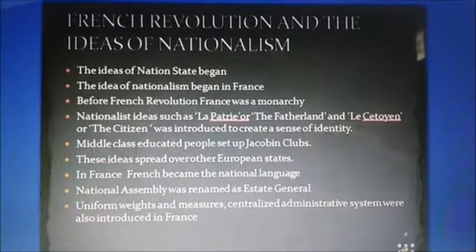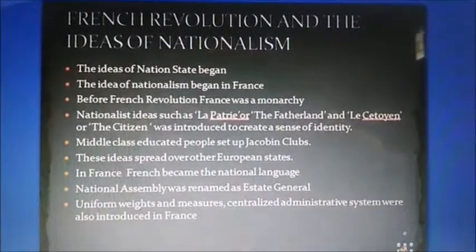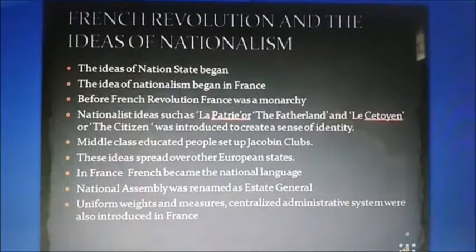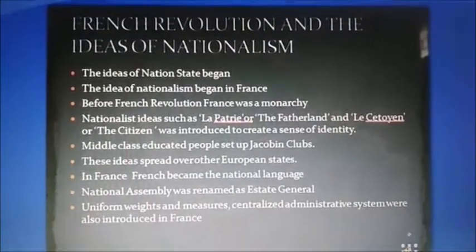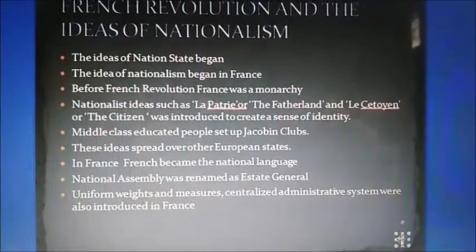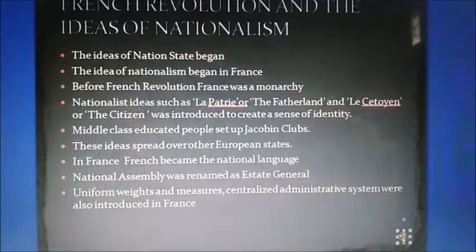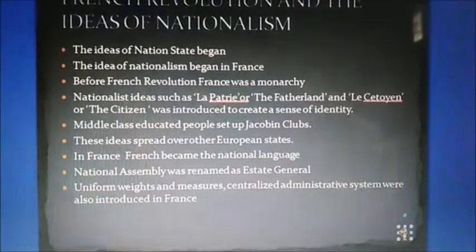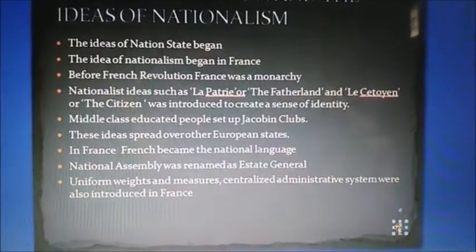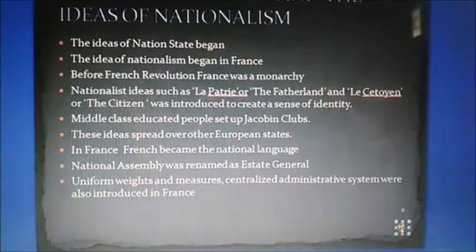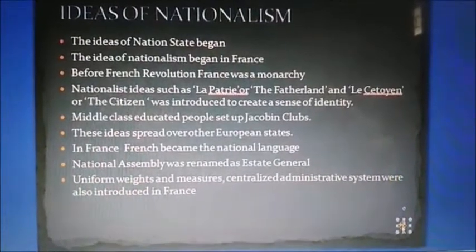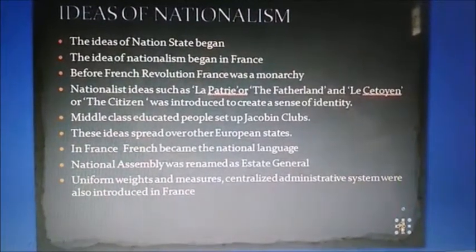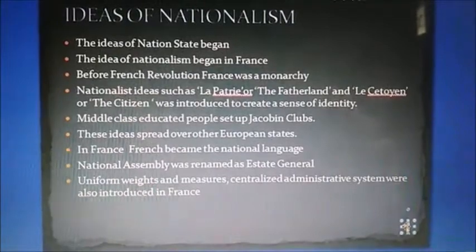The first two estates were exempted from taxes, whereas the burden was borne by the third estate, that is the peasantry. So the middle class, educated people now realized that this kind of bifurcation or partiality in the levying of taxes or privileges by birth was not to be accepted.